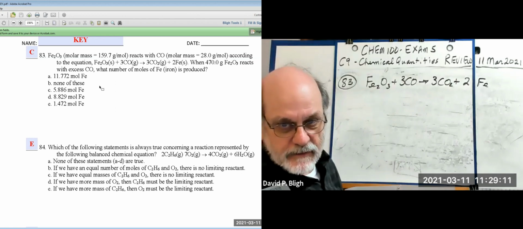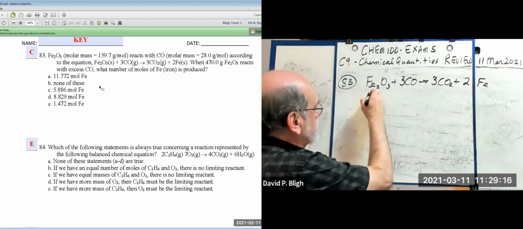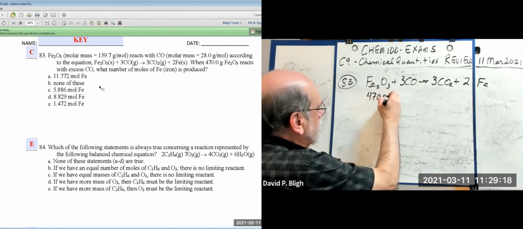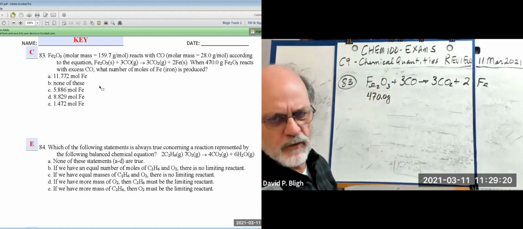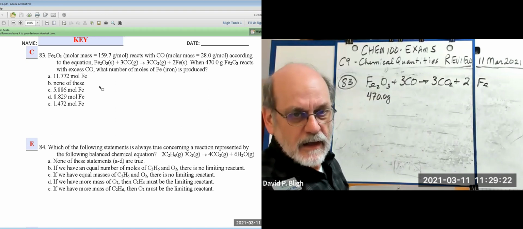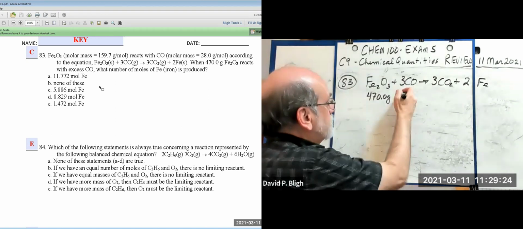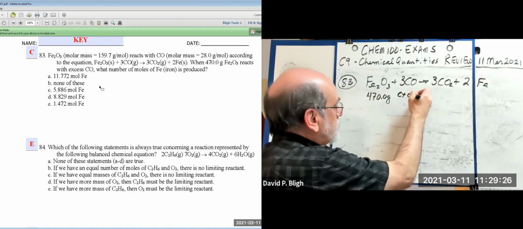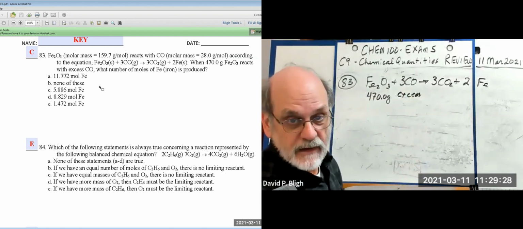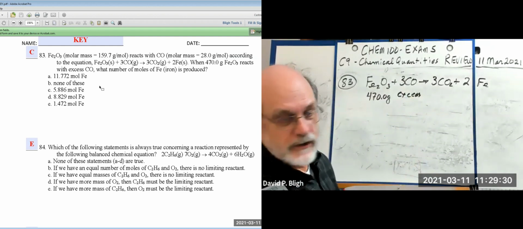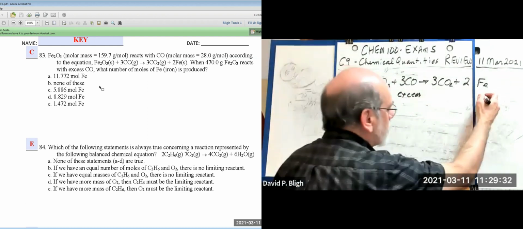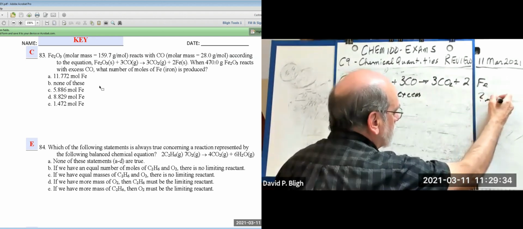So we're given 470 grams of this reactant, excuse me. CO is in excess. All right. Number of moles of iron that is produced. Okay, so we want to know moles.